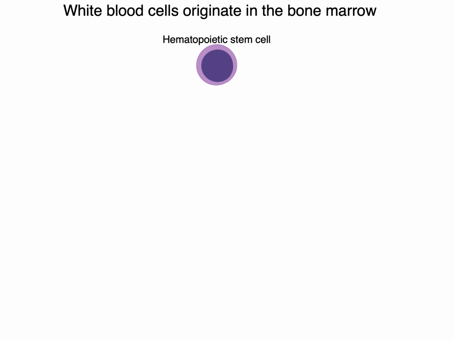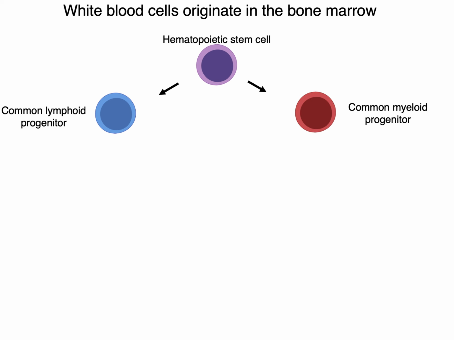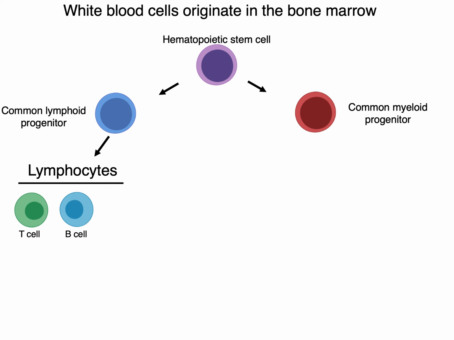So white blood cells, or leukocytes, all originate in the bone marrow, and they are all derived from hematopoietic stem cells. Hematopoietic stem cells give rise to two important lineages of leukocytes. The first are the common lymphoid progenitors and the common myeloid progenitors. The common lymphoid progenitors give rise to lymphocytes, including T cells and B cells and natural killer cells.